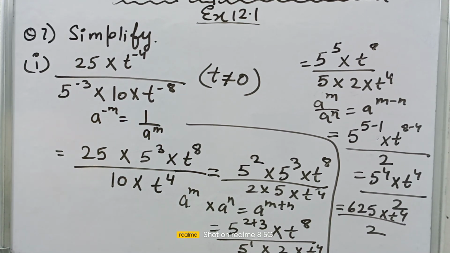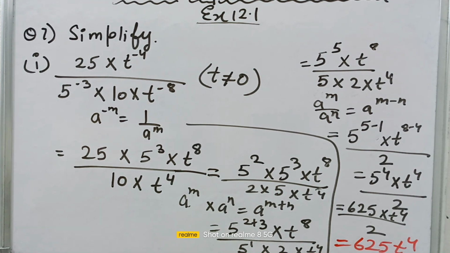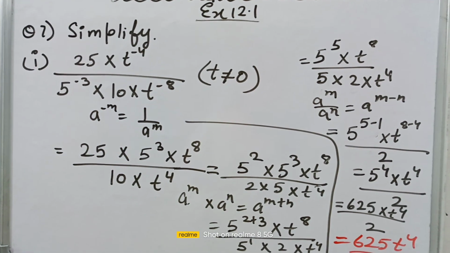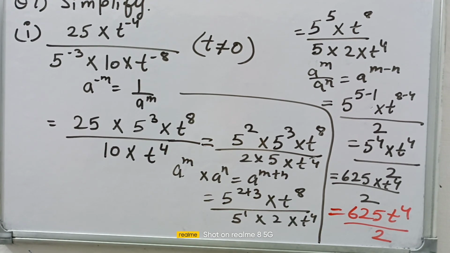Or we can write it as 625 t raised to the power 4 whole upon 2. This is our answer. We cannot solve it further, so we will leave it here. So our answer is 625 t raised to the power 4 upon 2.